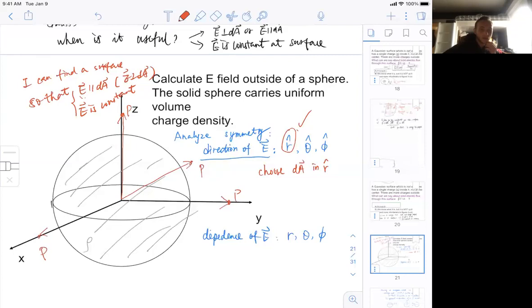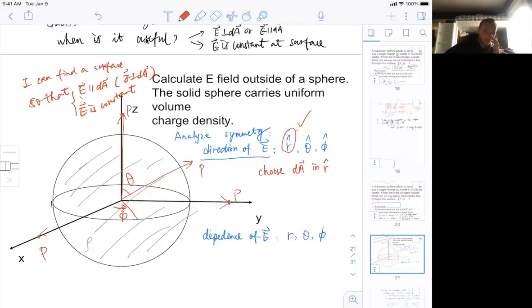Theta is the angle with respect to Z, and phi is the angle with respect to the X direction. So do you think E depends on some of these variables? Which variable or variables? It would only depend on R.